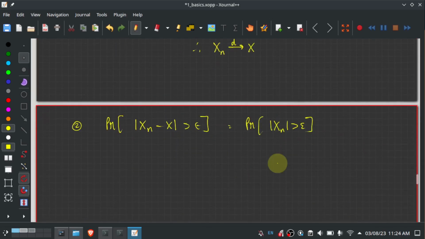It's 1 by n. xn can take only two values, either 0 or 1. It takes the value 0 with probability 1 minus 1 by n, and it takes a value other than 0, which is equal to 1, with probability 1 by n. So this quantity is 1 over n. And does this tend to 0 as n tends to infinity? It does.